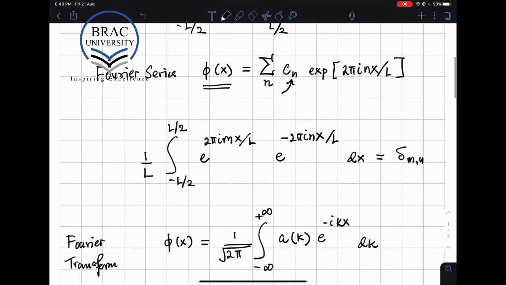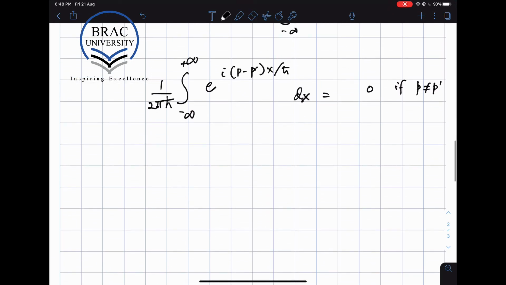Okay, what are the other properties of the Kronecker delta? One of the nice properties of the Kronecker delta is that suppose I am summing over all n, so n goes from say minus infinity to plus infinity, and I have the Kronecker delta, and I'm multiplying with it some quantity C of n. Then the summation of this is going to give me C of m.